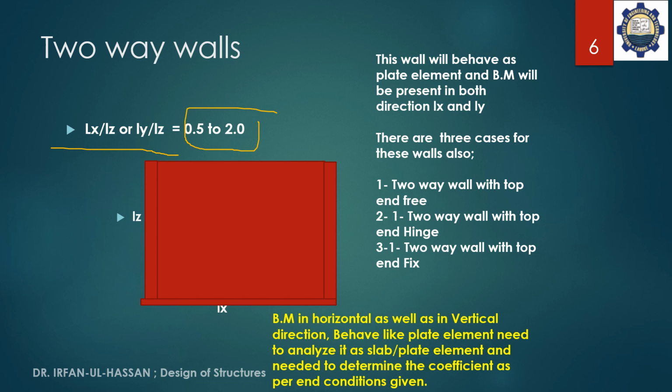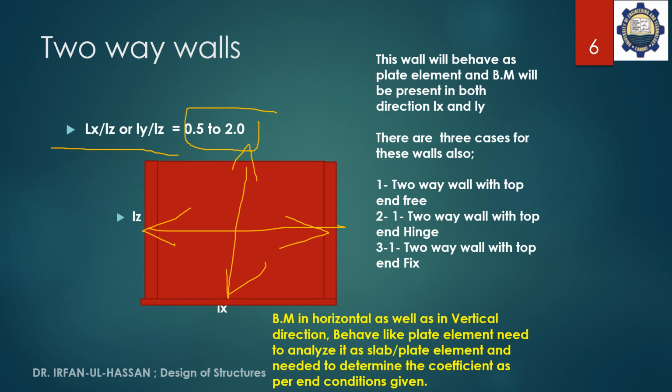So actually these walls behave in two directions, vertical as well as horizontal. This wall will behave as a plate element, and bending will be present in both directions, Lx as well as Lz. So there are three cases basically for these walls: two-way wall with top free, two-way wall with top hinged, and two-way wall with top fixed.